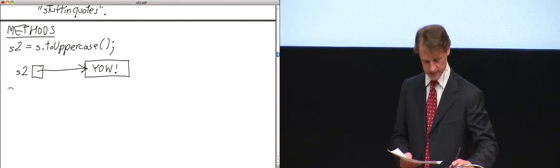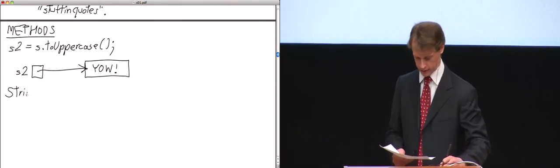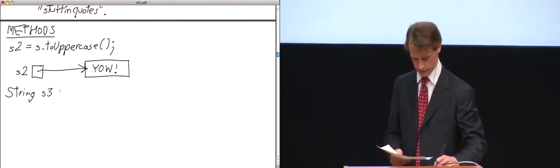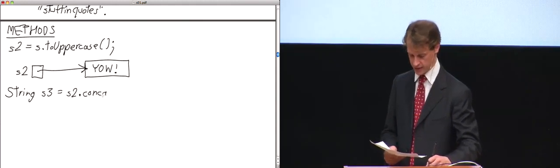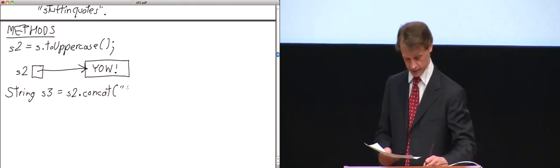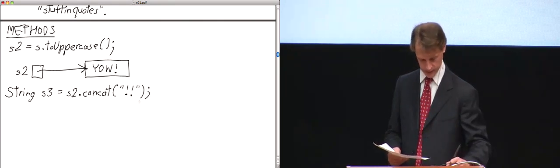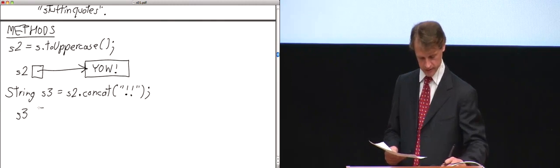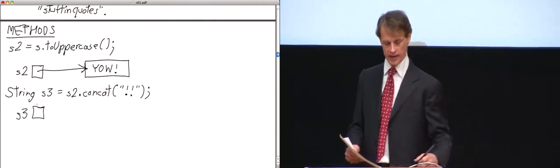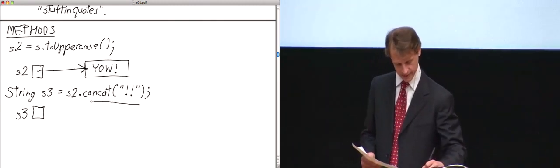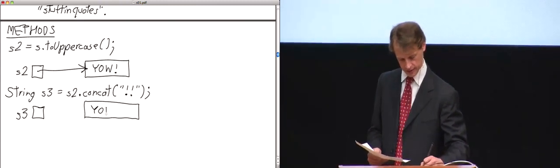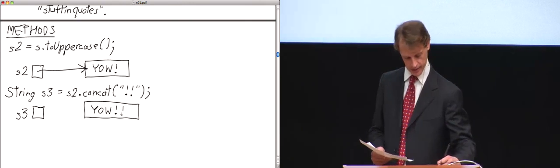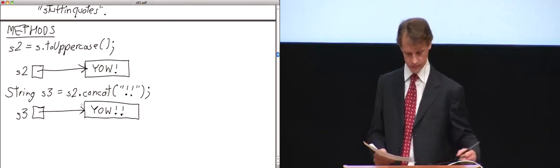Another example is the concat method, which allows you to concatenate two strings together. So this will give me new variable s3. The concat method will give me this string here. And then we do the assignment.